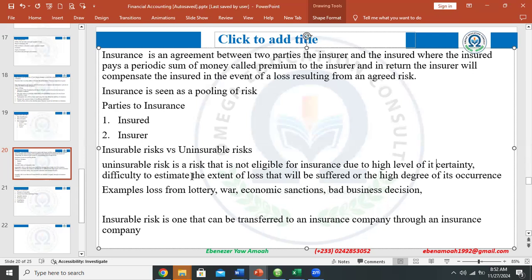So that is for insurable risk. Examples include life insurance, health insurance, property, travel, and all the risks that are insured by the insurance companies.